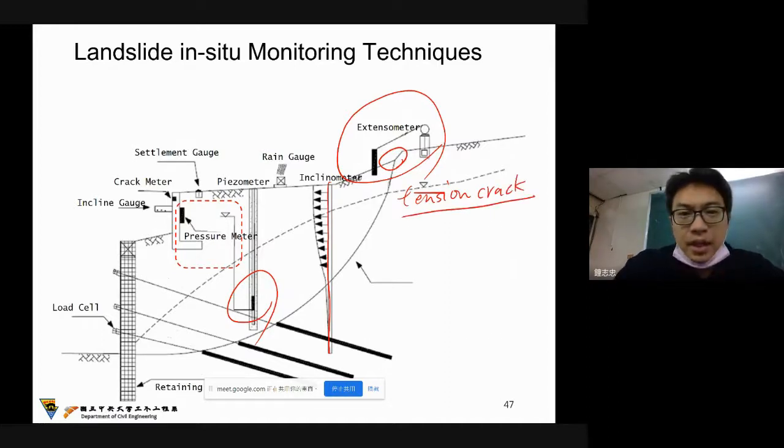Of course, in Taiwan, rainfall is the most important factor of landslides. So how can we get early warning, I mean, to warn somebody that may be affected by the landslide?